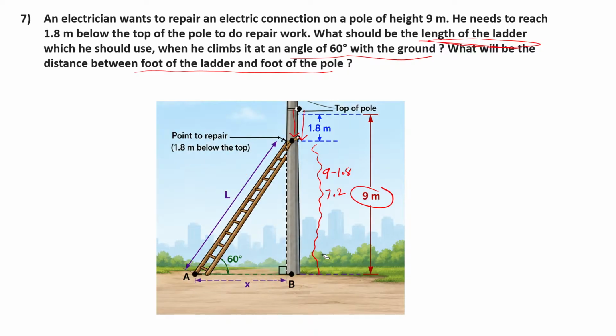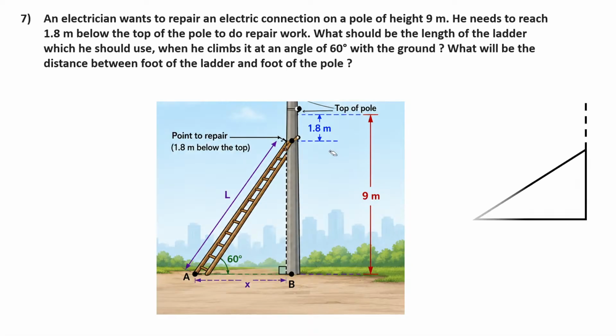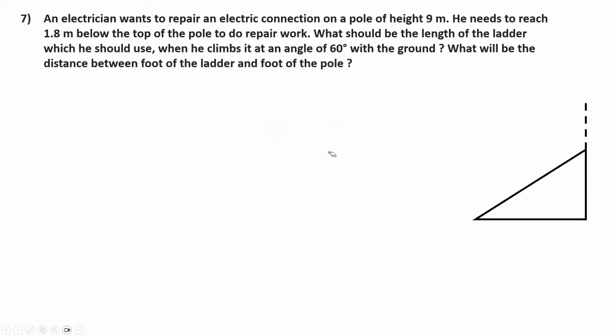Using this diagram, we have to draw an imaginary right angle triangle with all the given details. So here is the imaginary right angle triangle. This is a little bit bigger problem because here we need to find two parameters: one is the length of the ladder and the other is the distance.